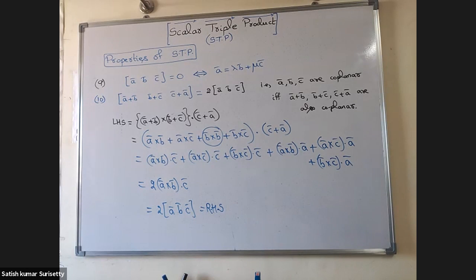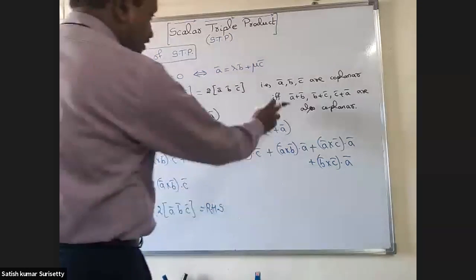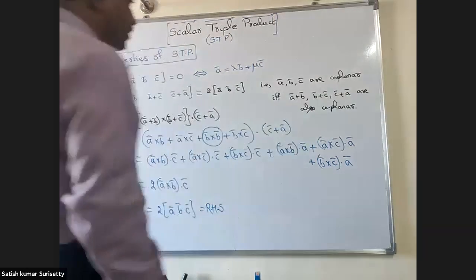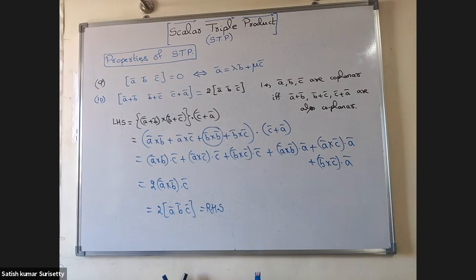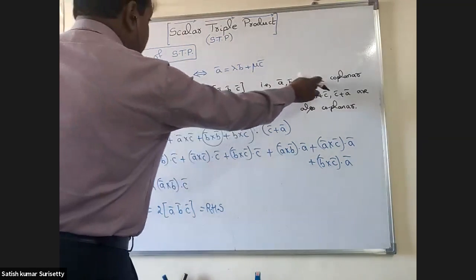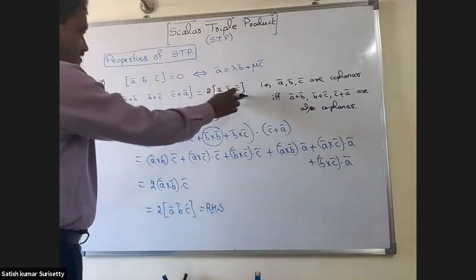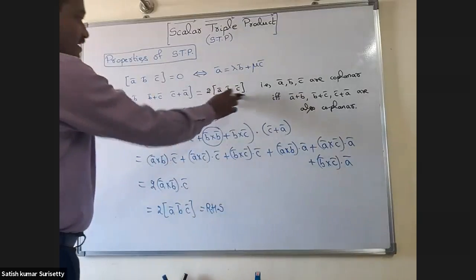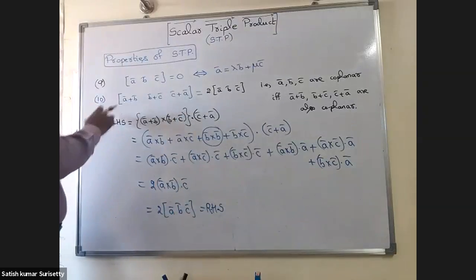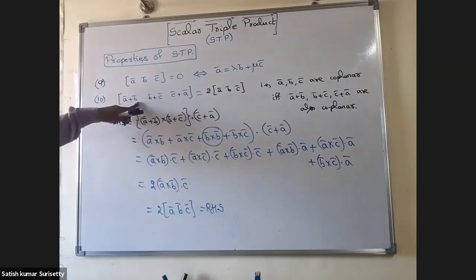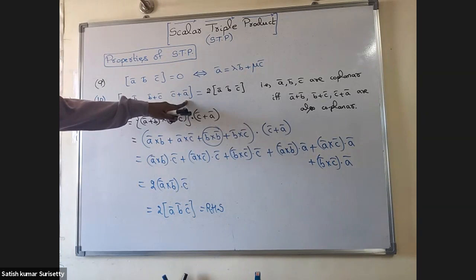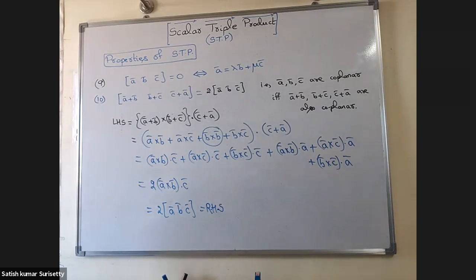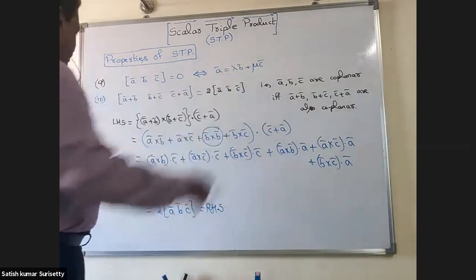Once A bar, B bar, C bar are coplanar, the right side is 0. Once the right side is 0, the left side is also 0. That means A bar plus B bar, B bar plus C bar, C bar plus A bar are also coplanar. And in the same manner, the converse is also applicable.